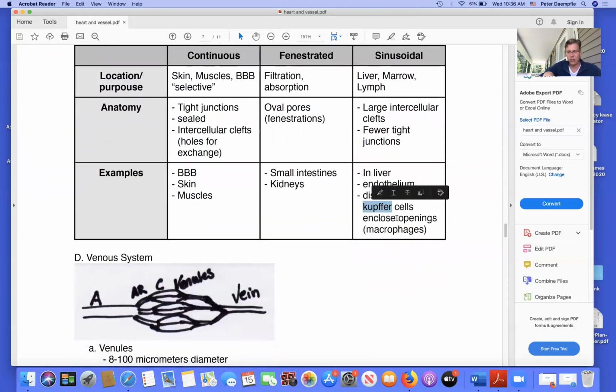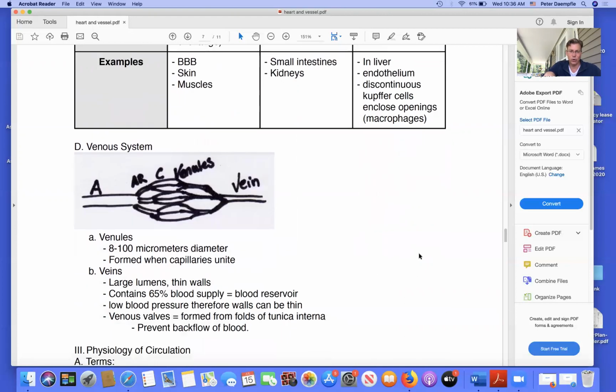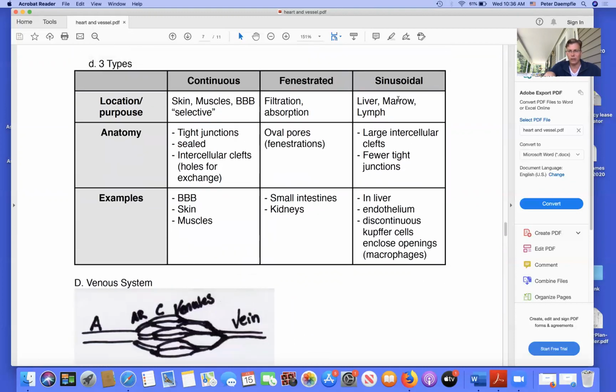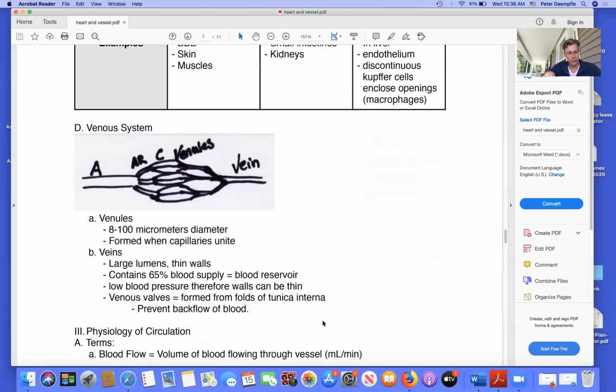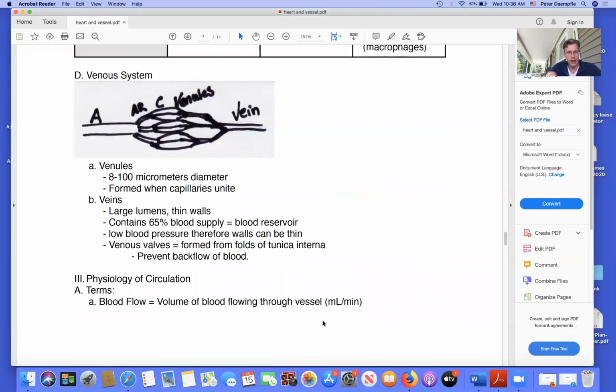Special Kupffer cells are present that are macrophages or protective immune cells in these areas because they're so open to the transport. I always think of sinusoidal capillaries as like Grand Central Station. Lots of stuff comes in, lots of stuff goes out.